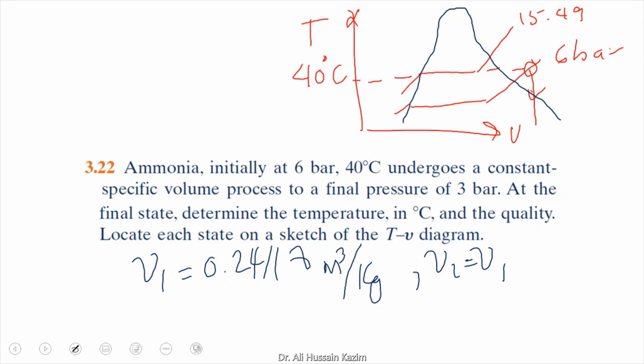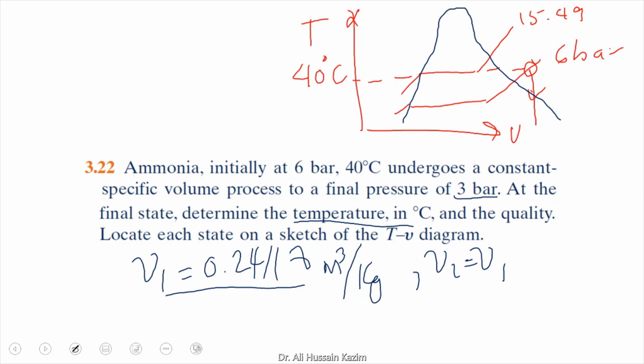Now at the final state, it's in the mixed vapor region, so we need to find the temperature in the final state such that the specific volume is V1 and the pressure is 3 bar.